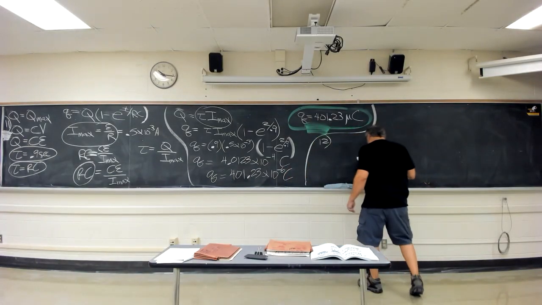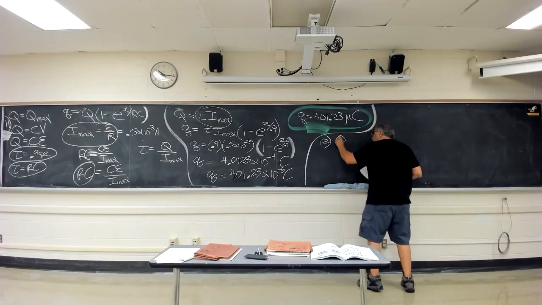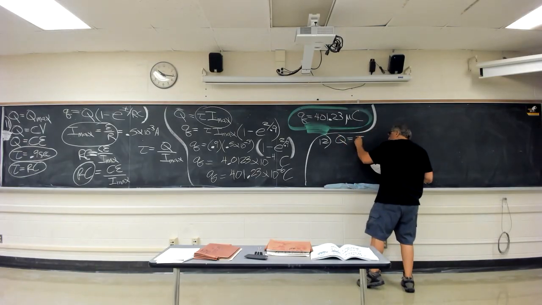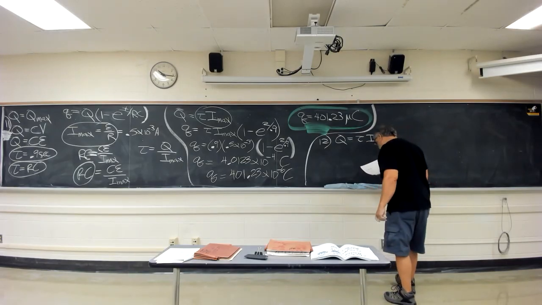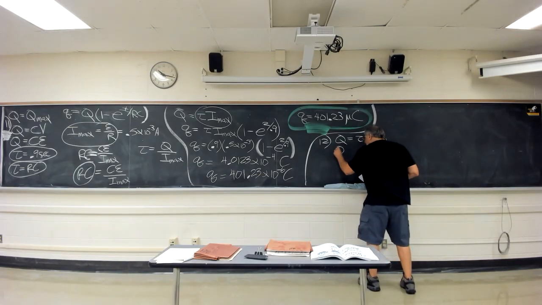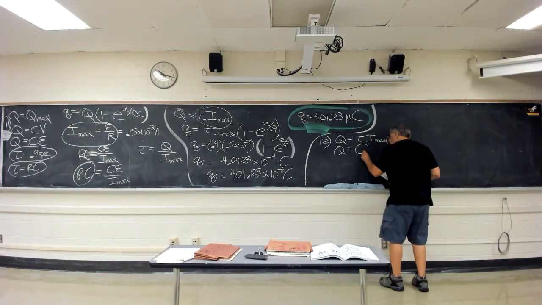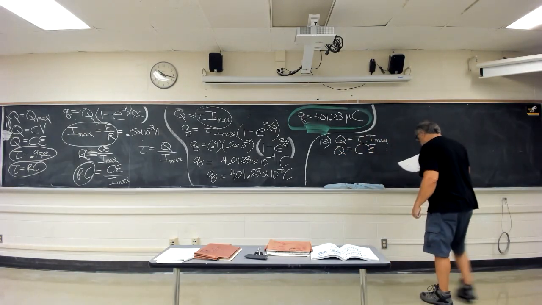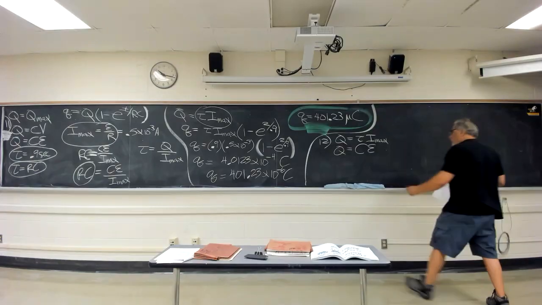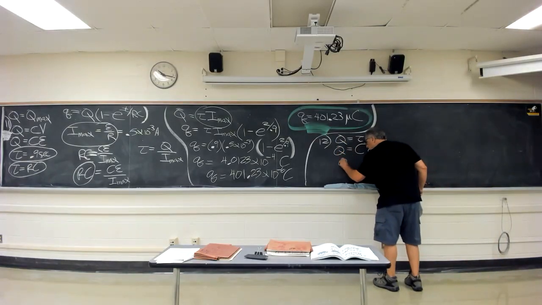Let's talk about 12. Give me the capacitance. You remember that Q was tau times Imax in that circumstance. That's the maximum Q. Big Q is the maximum Q. We also know Q is C times E. Well, wait a minute, it's two things here. Set these Q equal to each other.